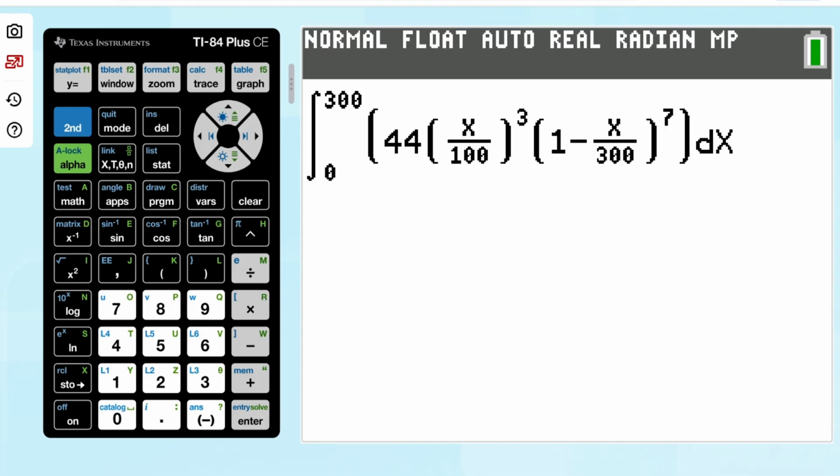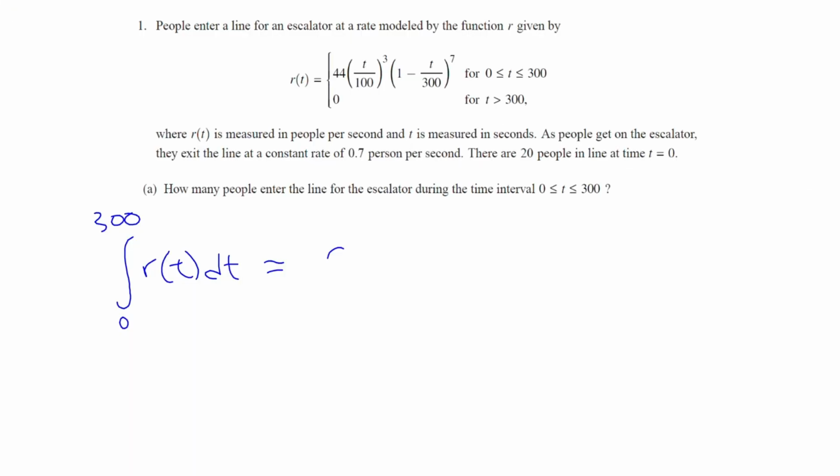And that ought to give us our answer, which is 270. Actually came out to be a real nice number there. So we'll say that is equal to 270. And that was worth 2 points. 1 point for the integral setup and 1 point for getting 270.